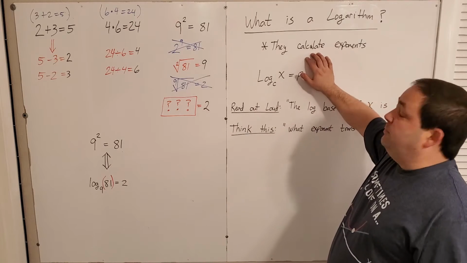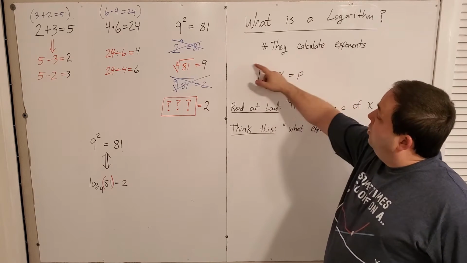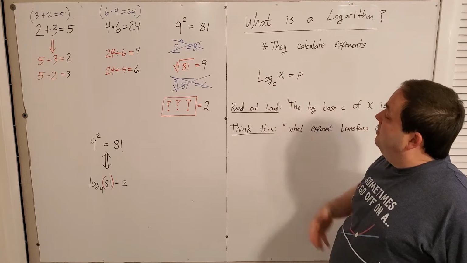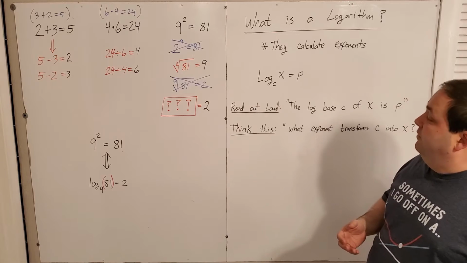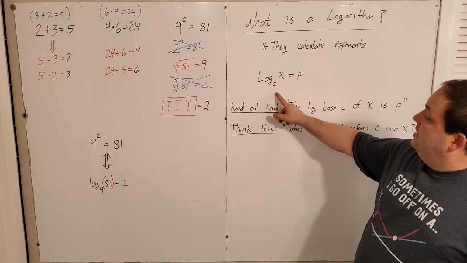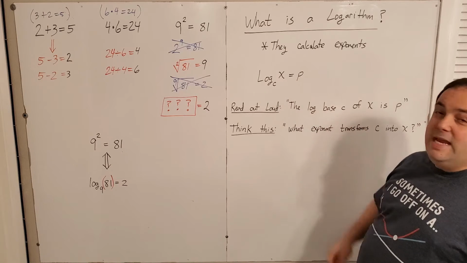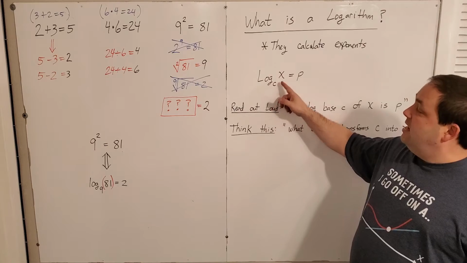They calculate exponents, okay? So then I've got this generic logarithm piece here, and this is what I want you to do when you approach one of these. You read it out loud. The log base c of x is p. That's how you read it, okay? Log base c of x.